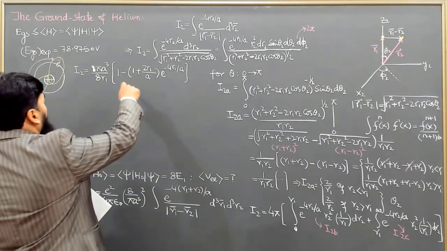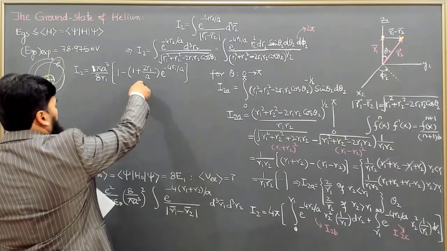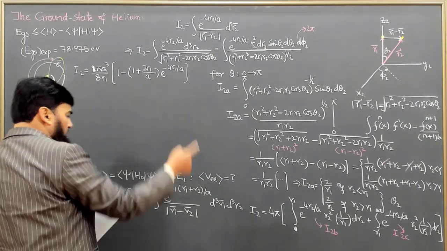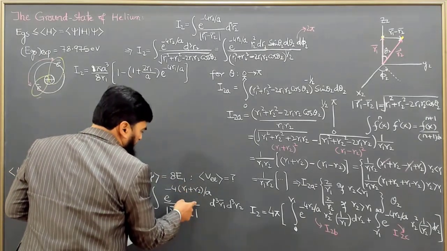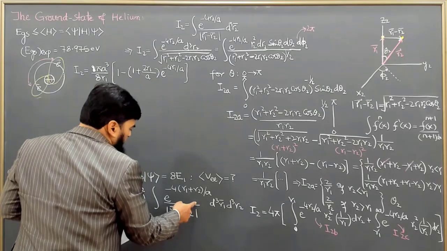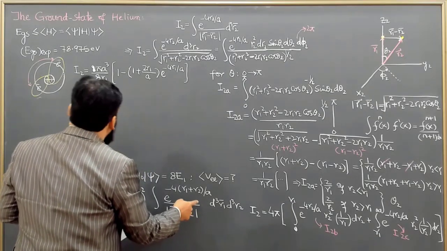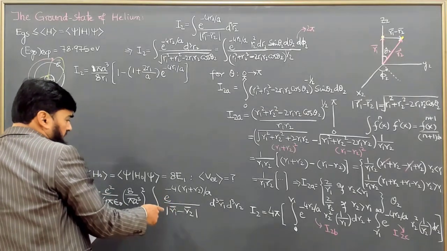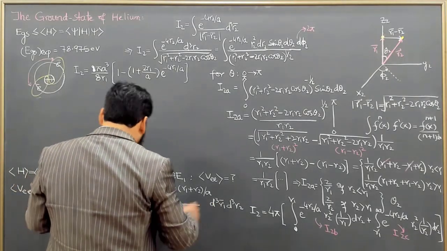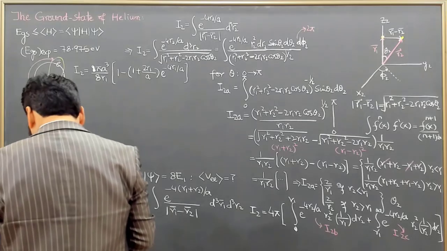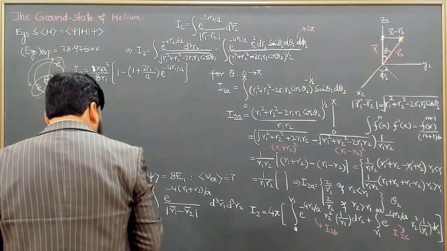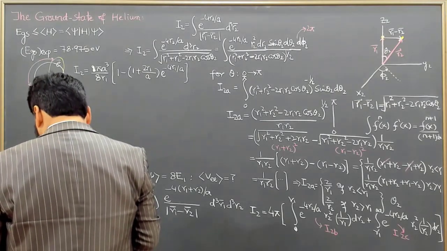Now we will put this I2 that we have calculated over here in this one, and all the integral will be converted into r1, and then we will integrate with respect to d cube r1.